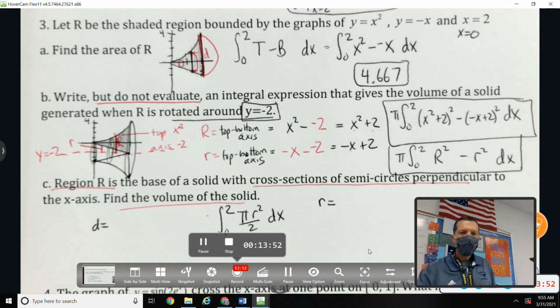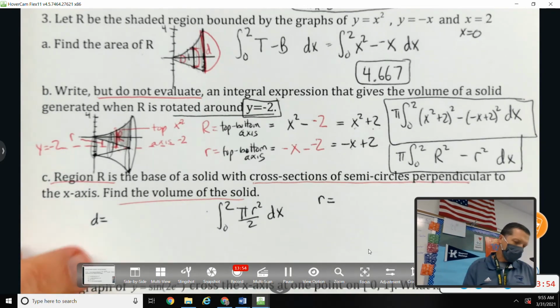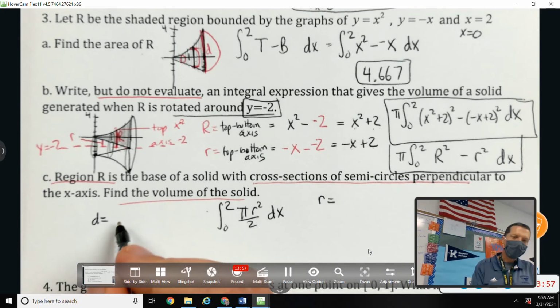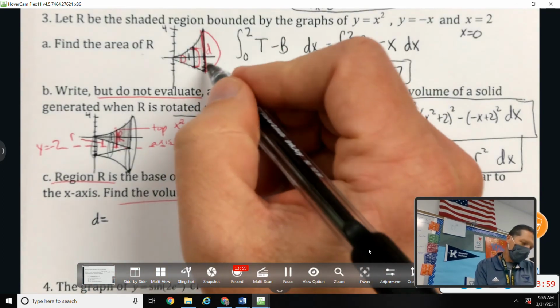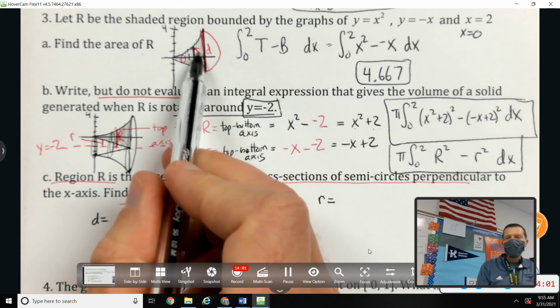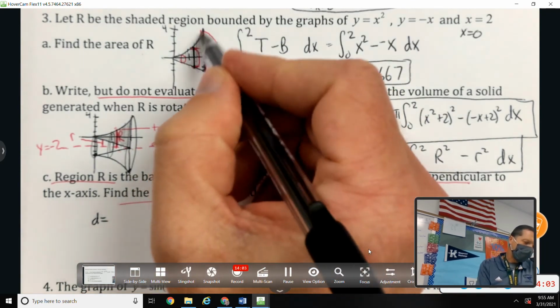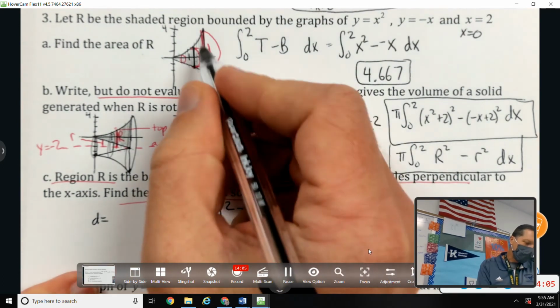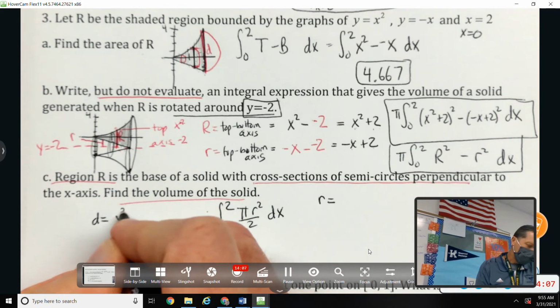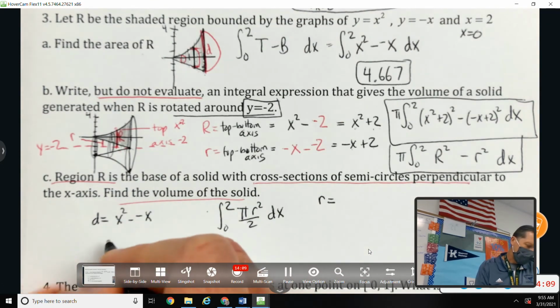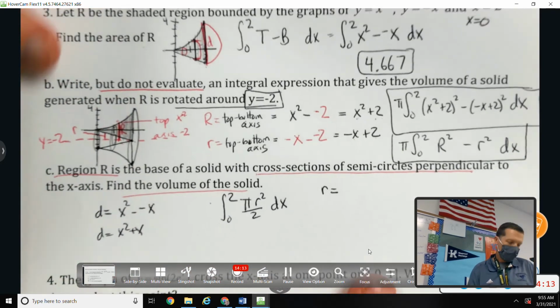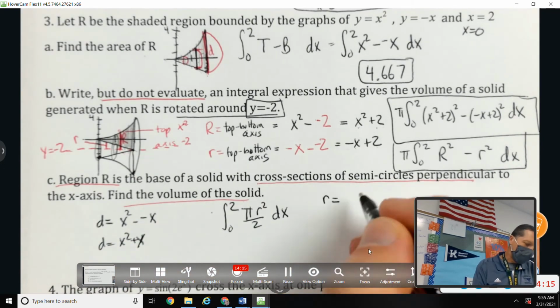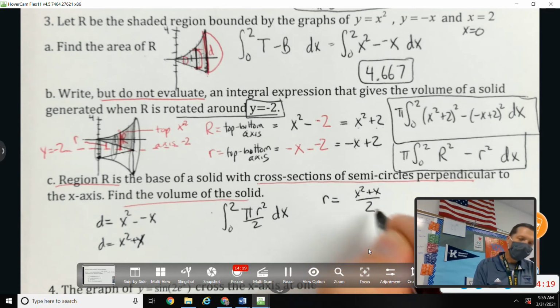All right, I like listening to you guys talk. You have to find the diameter first, because there's no way to directly find the radius; it's half of that. The diameter would be top minus bottom, so x squared minus negative x, or x squared plus x, which means the radius would be half of that: x squared plus x over 2.